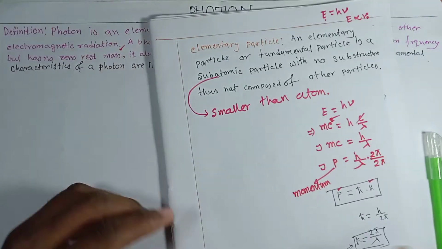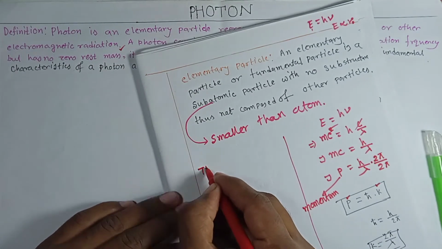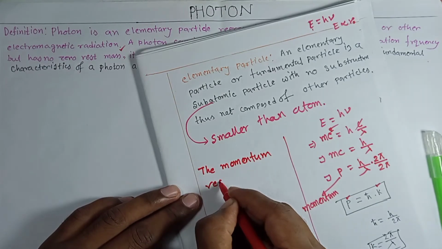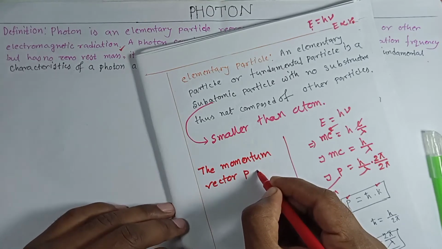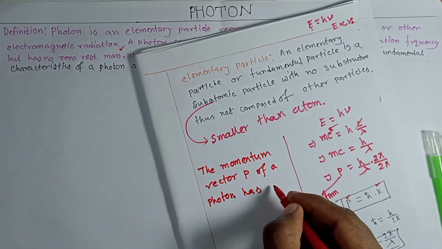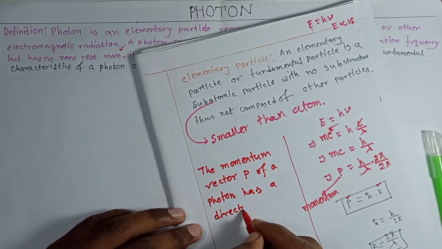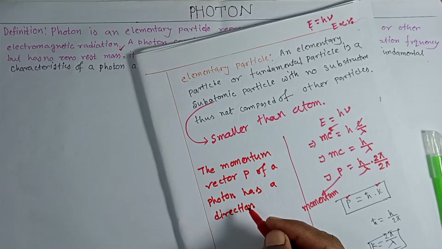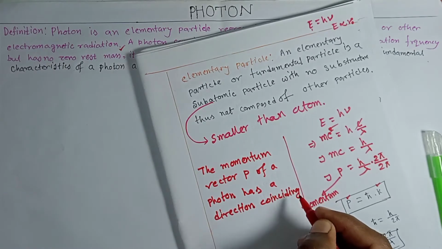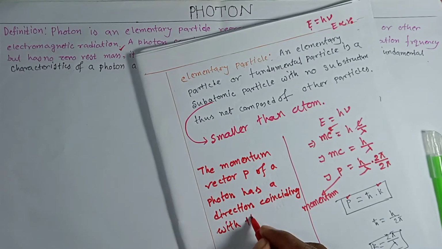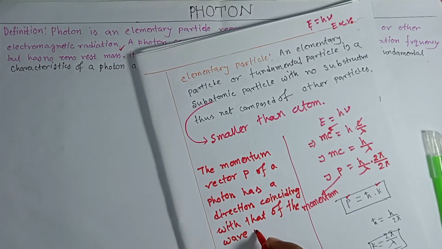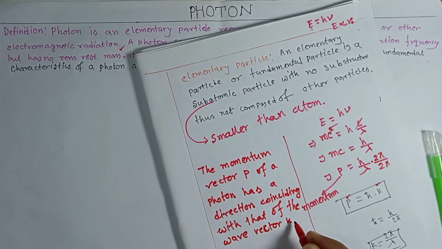So the momentum vector p of a photon has a direction coinciding with that of the wave vector, that is k.